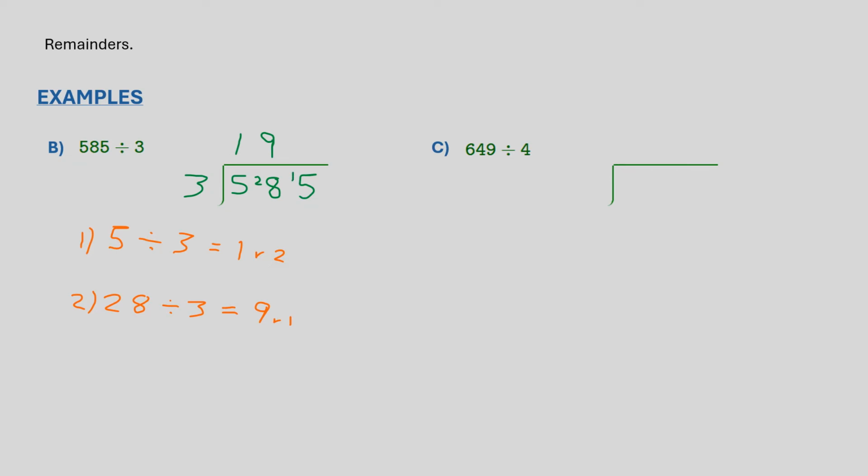This division also gave us a remainder, and we simply do the same thing that we did for 5 divided by 3. So our final division in this sum will be 15 divided by 3. So by using short division, we now have the final answer to the sum, which is 195.